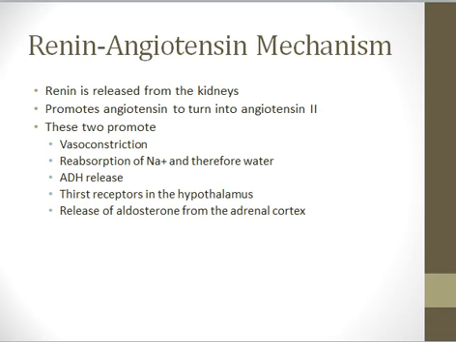And that process is really completed by angiotensin converting enzyme. Okay, so angiotensin converting enzyme is an enzyme that will convert angiotensin 1 to angiotensin 2. This is part of that whole renin-angiotensin mechanism. Renin helps to facilitate that process, and the reason I'm pointing that out is because this is where ACE inhibitors come in.